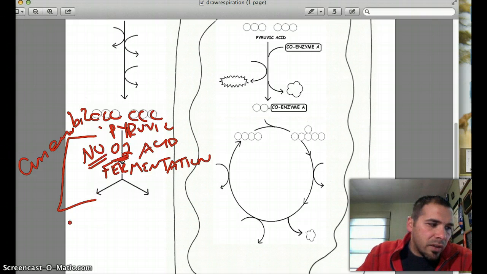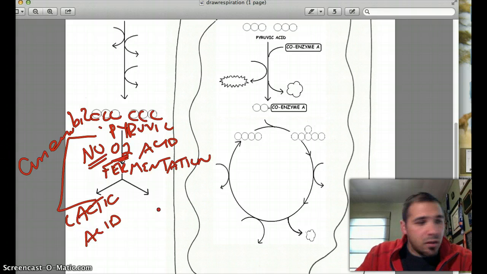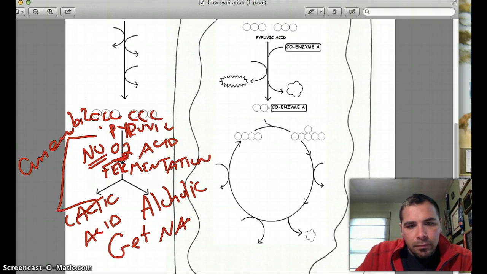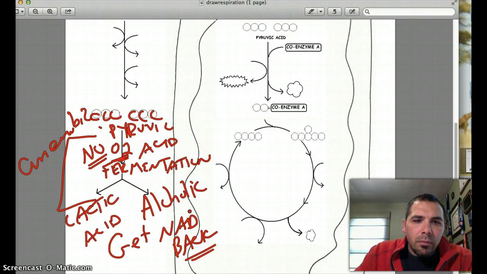Depending on the organism you can produce lactic acid, such as in us, or there's alcoholic fermentation. We'll talk more about these, but the whole point is to get the NAD back.